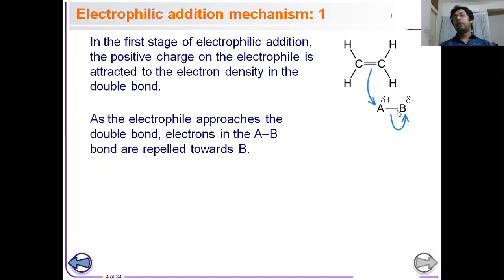Here B is more electronegative, so the shared electrons which form the covalent bond between A and B will be shifted towards B. So as B is more electronegative, B will be partially negatively charged, which is shown by delta minus, and as a result, A will be partially positively charged. So A can be considered as an electrophile.